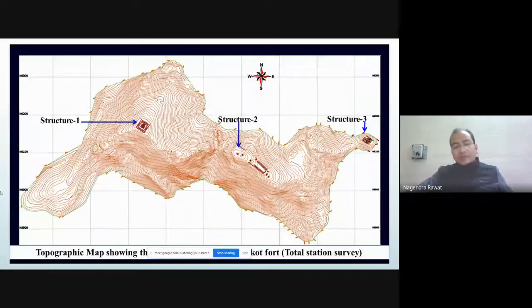See, this is a medieval fort where I have worked, and the lines you are looking at on your screen are the contours.